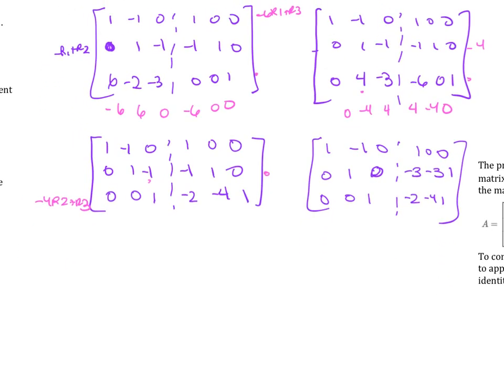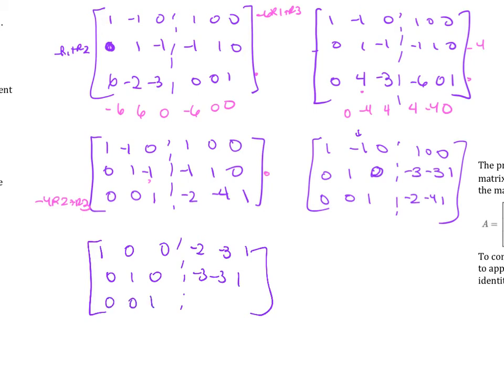And then now we want to get rid of this -1, so let's add row 2 to row 1, whichever way you want to think about that. So that becomes 1, 0, 0, and then -2, -3, and 1. So we get 0, 1, 0, -3, -3, 1, 0, 0, 1, -2, -4, and 1.